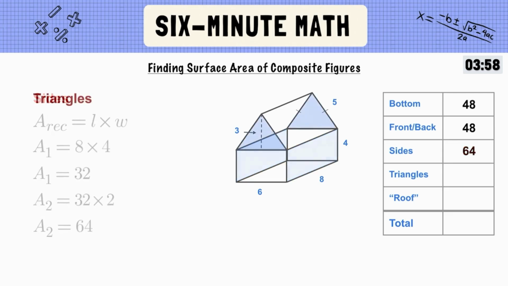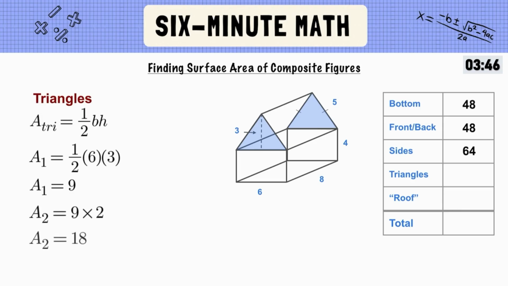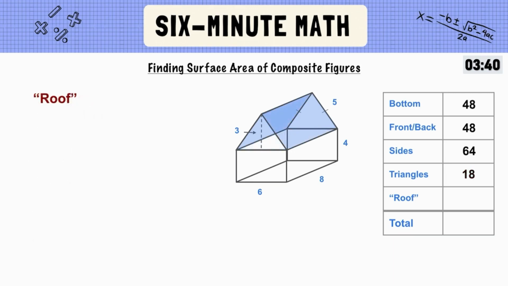Then we're going to move on to the triangles of our triangular prism. We're doing 1/2 base times height. One of those triangles is going to be 9. There are two triangles in this surface area, so I would have 18. And then lastly, we're going to do the roof. Both of those sides are rectangles, and they are the same as demonstrated by those hash marks.